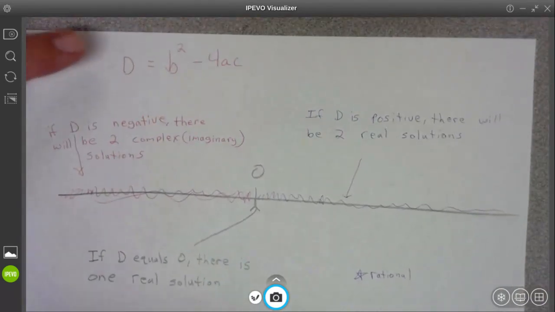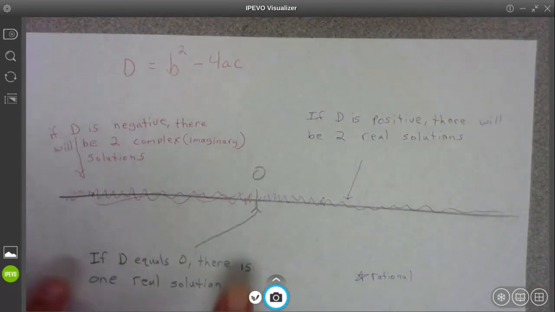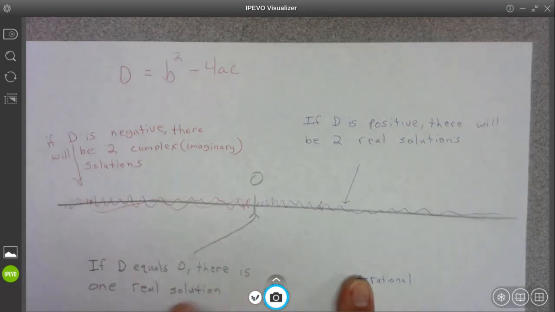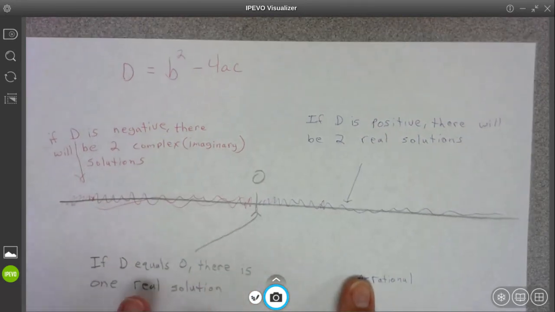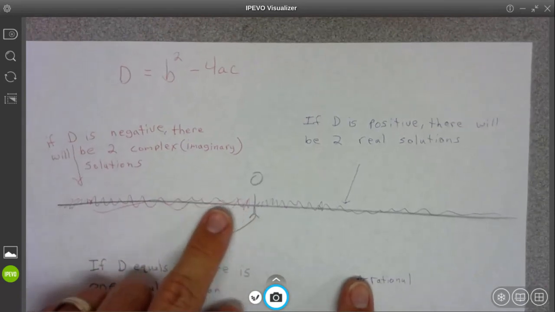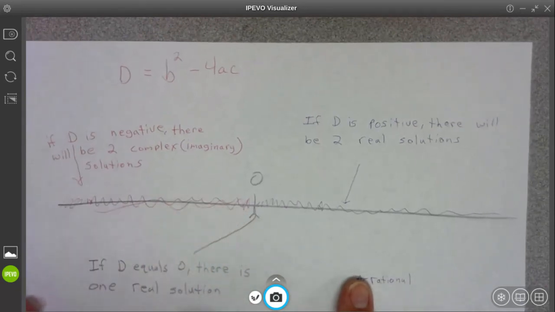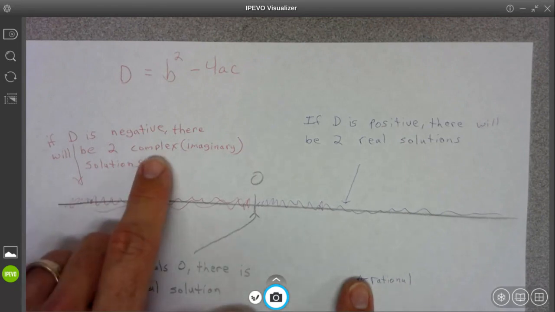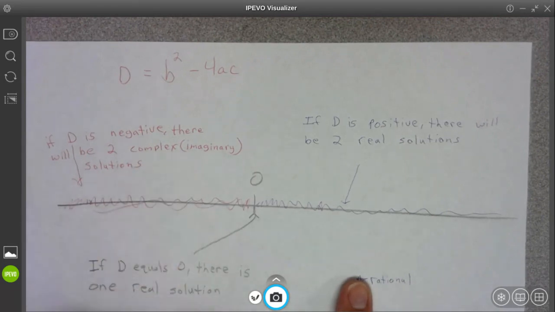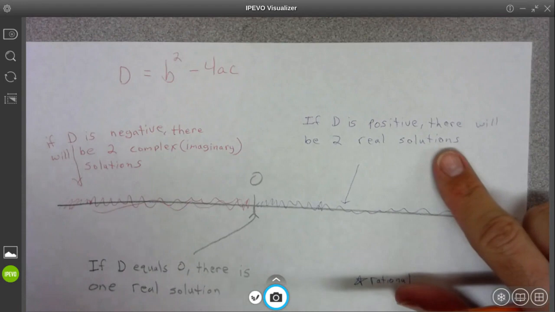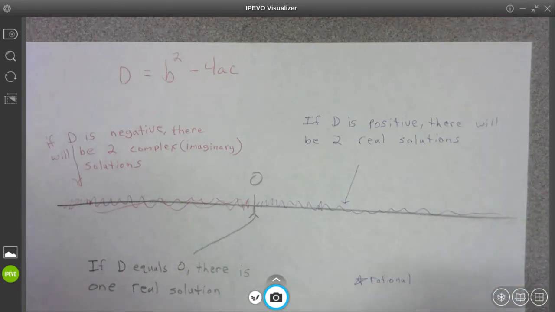All right, the discriminant is b squared minus 4ac. If the discriminant is equal to 0, there's one real solution. If the discriminant is negative, anything over here, then you get 2 complex solutions. And if the discriminant is positive, there's always going to be 2 real solutions.